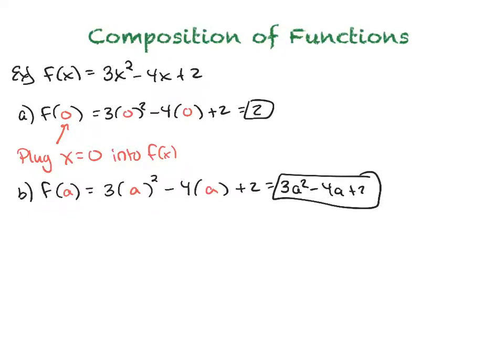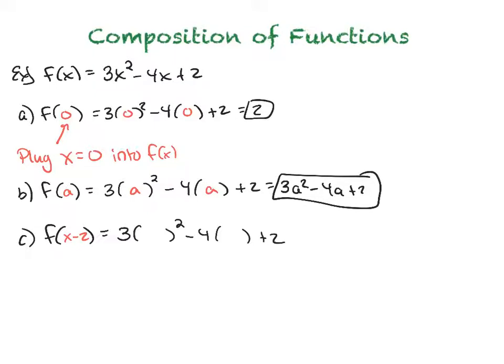Now let's say I made this a little bit more challenging. Let's say I made this f of x minus 2. Okay, so that would be everywhere I see an x in 3x squared minus 4x plus 2, I'm going to replace that with parentheses.